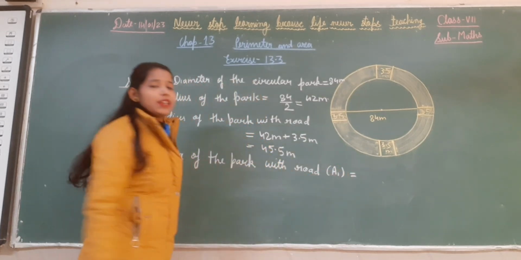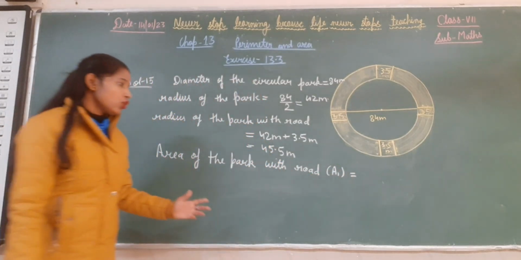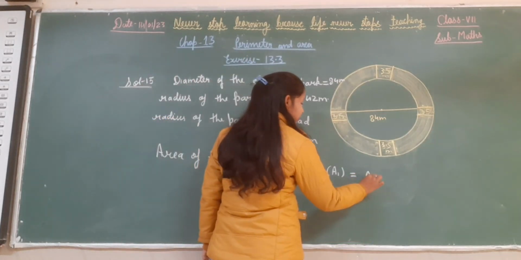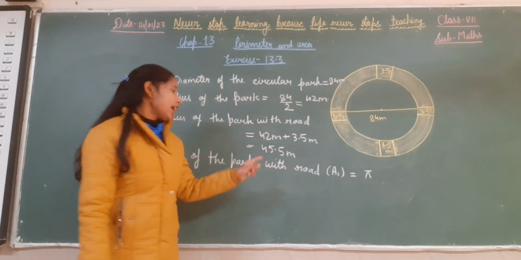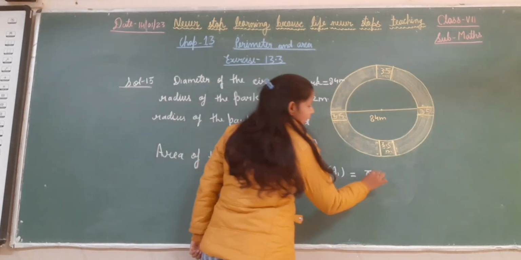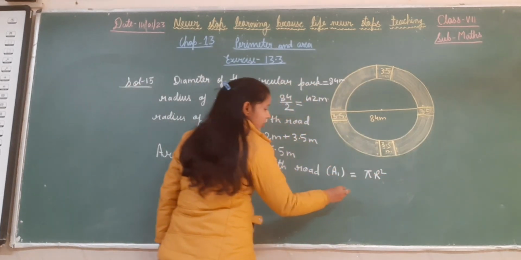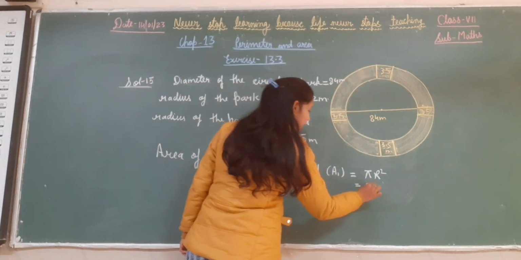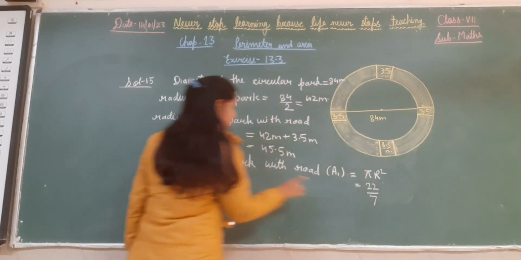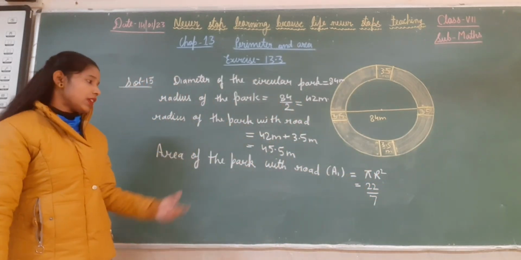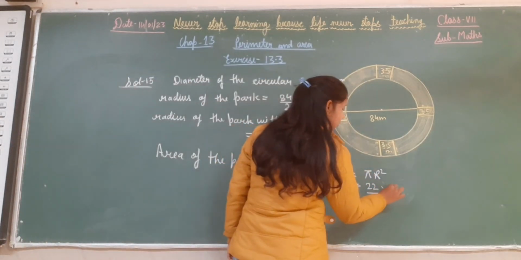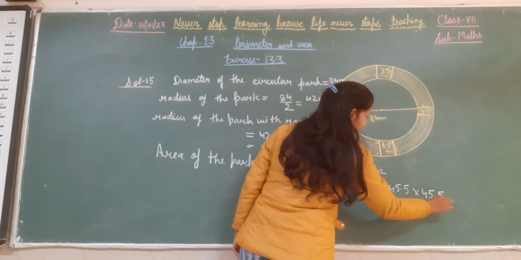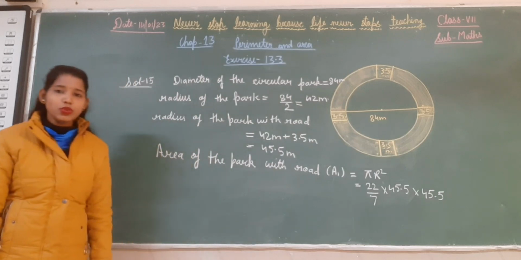So area of the path with road is pi R square, with a capital R. The value of pi is 22 by 7, and the radius is 45.5. So 45.5 into 45.5. Right? Board is visible to you?